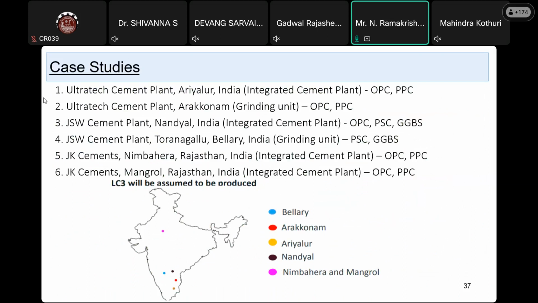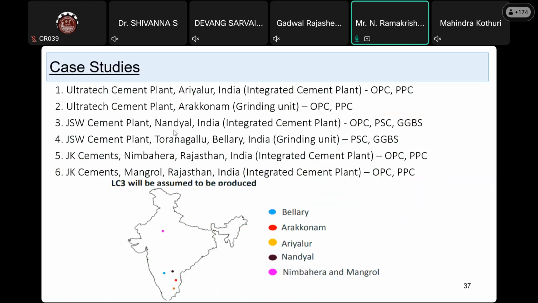It is the Ultratech cement plant, Ariyalur in Tamil Nadu, assumed to produce OPC and PPC. And Ultratech Arakkonam is only a grinding unit, meaning the clinker is brought from some other plant and grinding is done there. So OPC and PPC are produced there.